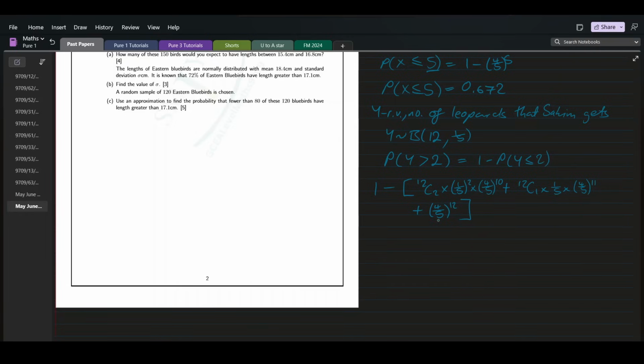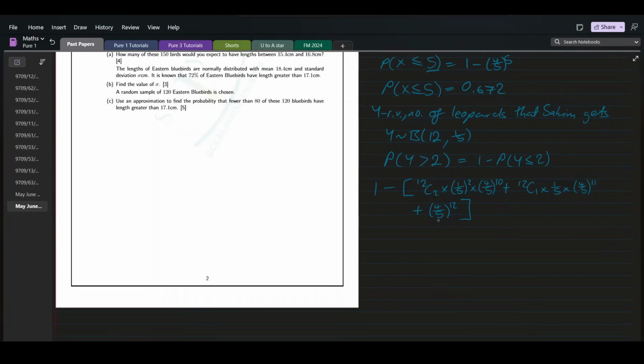So this is 1 minus, let's open our bracket, then we have 12 choose 2 times 1 over 5 squared times 4 over 5 to the power 10, and this is plus 12 choose 1 times 1 over 5 times 4 over 5 to the power 11 plus 4 over 5 to the power 12, and let's close our bracket.